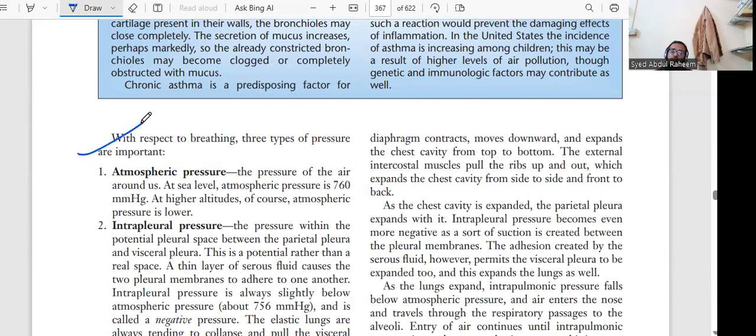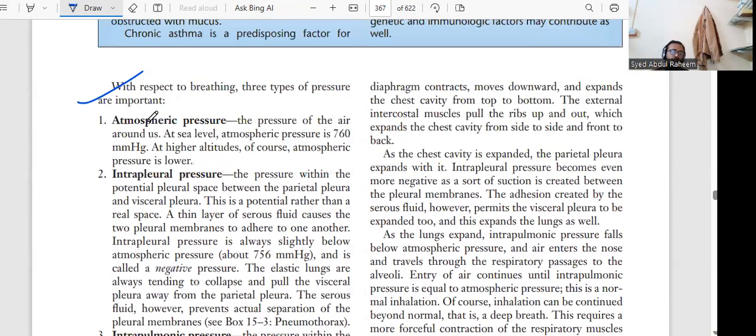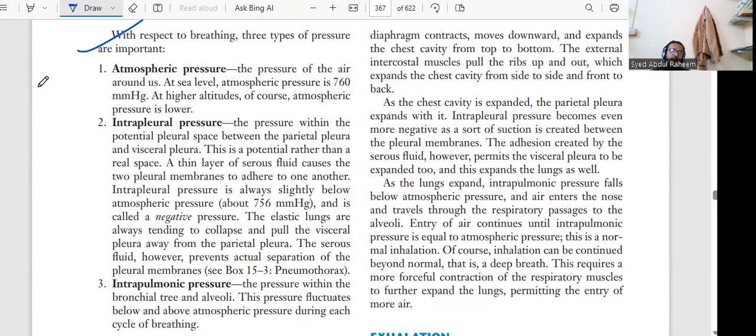These are the pressures in our body that help us, but there are also external and internal pressures we need to know. Pressure means the amount of energy required for a specific amount of air to enter.